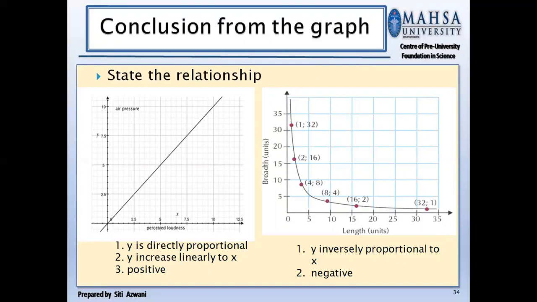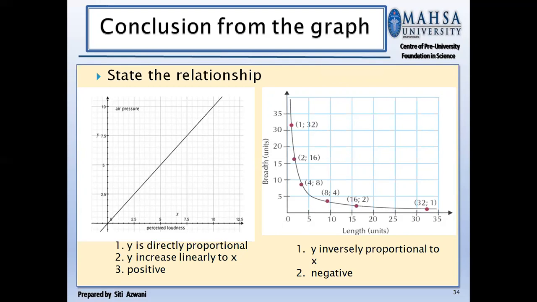If you have a question to calculate the slope, the gradient, make sure you draw the triangle as big as possible on your graph paper. Then substitute the values, the points, into your formula to calculate the slope, the gradient. It's the same with the intercept.